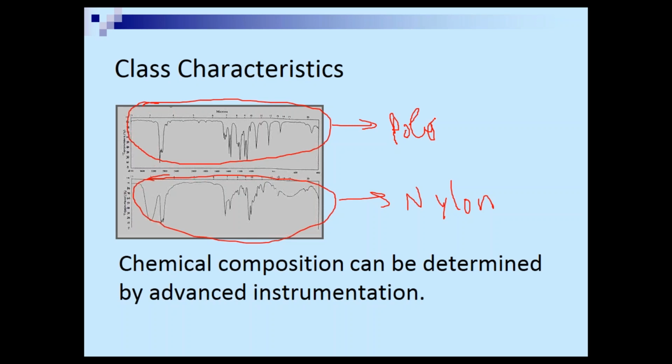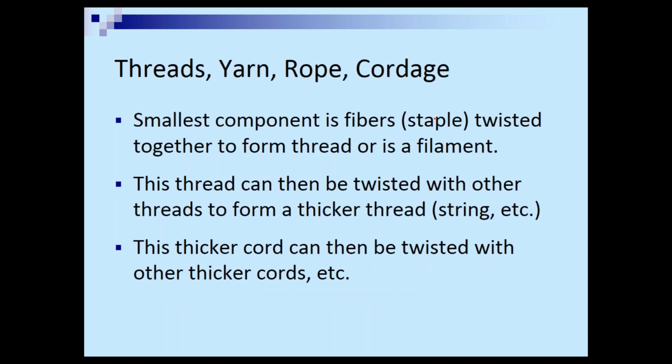This doesn't really work with hairs, but for synthetic fibers you can narrow down exactly what it is. Or if it's some weird trademarked polymer that they've come up with to make fibers, you can also get specific IR spectra for that too.